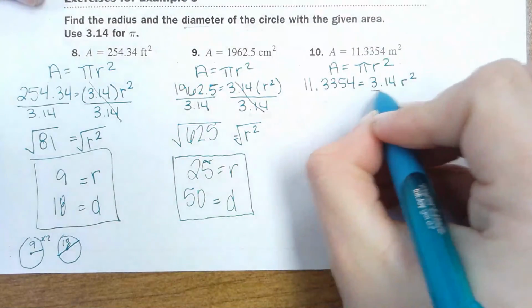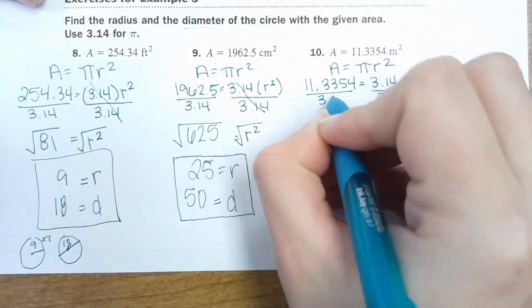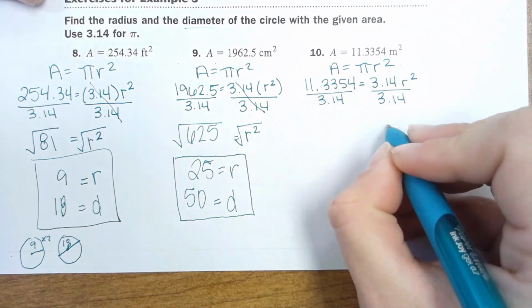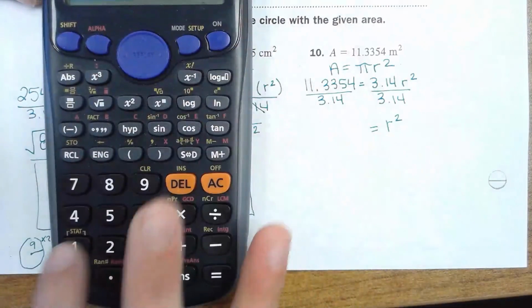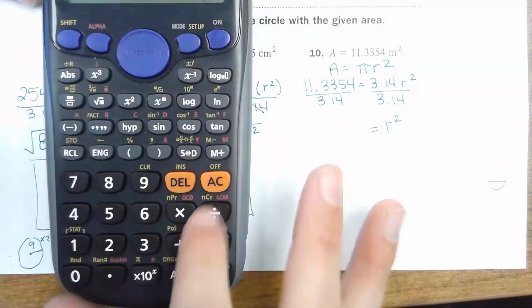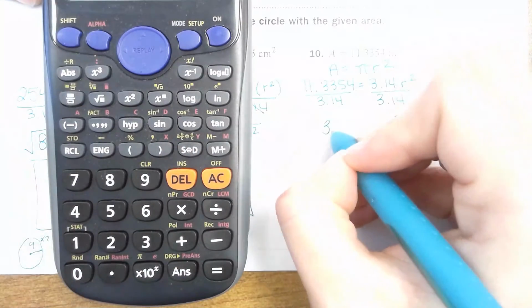First step is dividing that 3.14 on both sides. And we are left with r squared equals, and then if I were to take that 11.3354 divided by 3.14, we get 3.61.